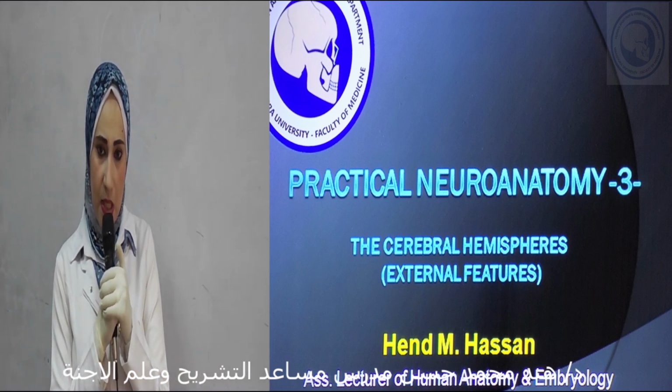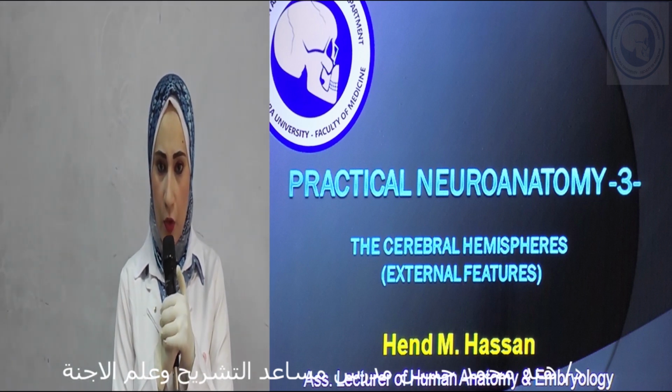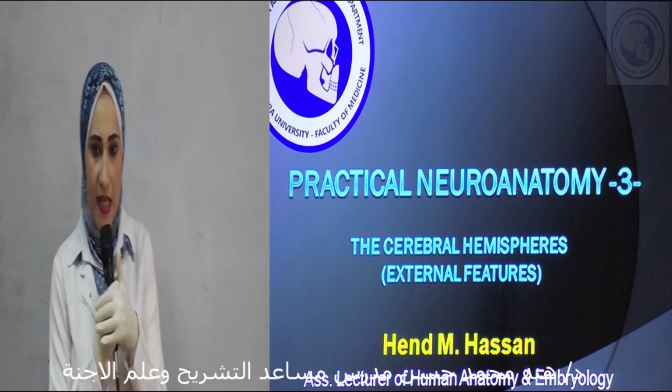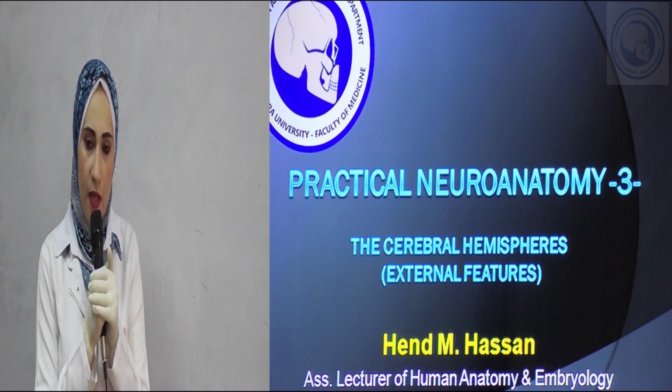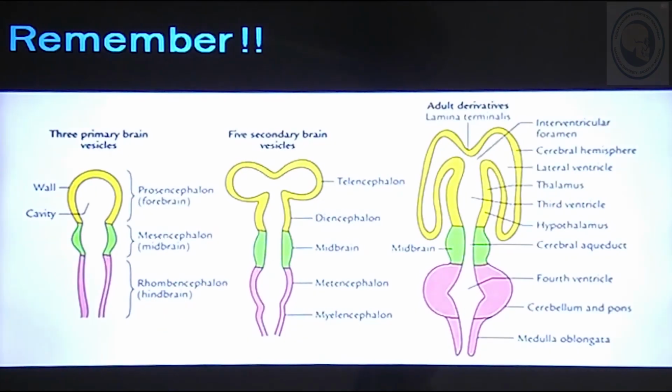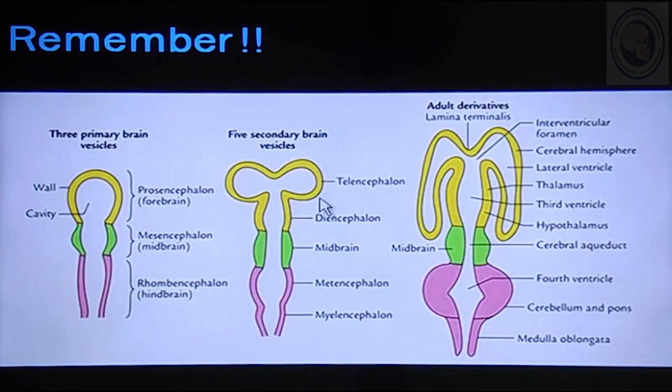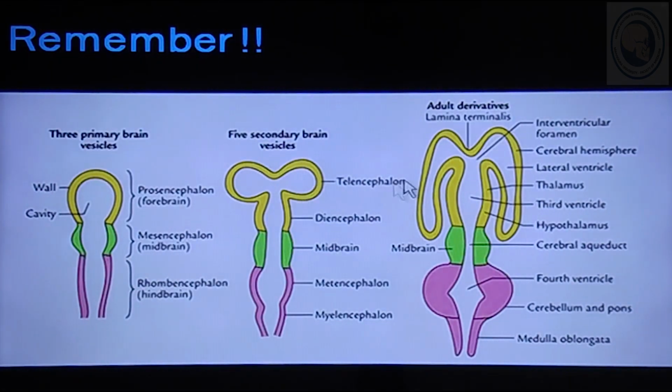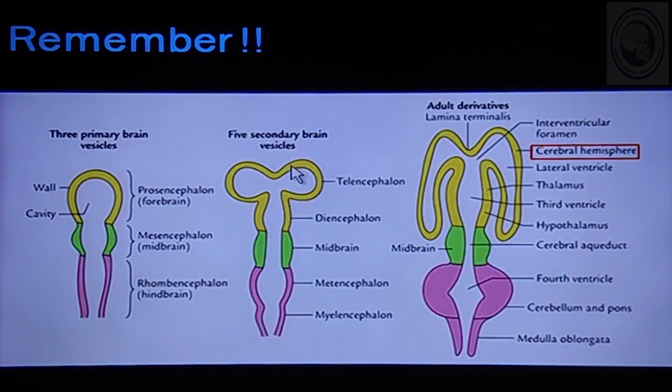Inshallah, we will discuss the third topic in the practical topics of neuroanatomy, which will be the external features of the cerebral hemispheres. Let's remember that the cerebral hemispheres developed from the telencephalon. Telencephalon was developed from the prosencephalon, which is one of the primary brain vesicles.